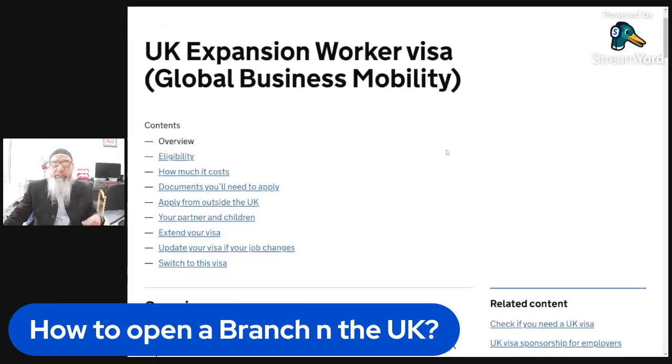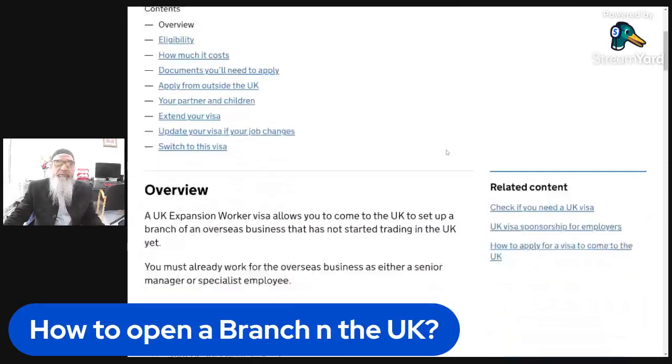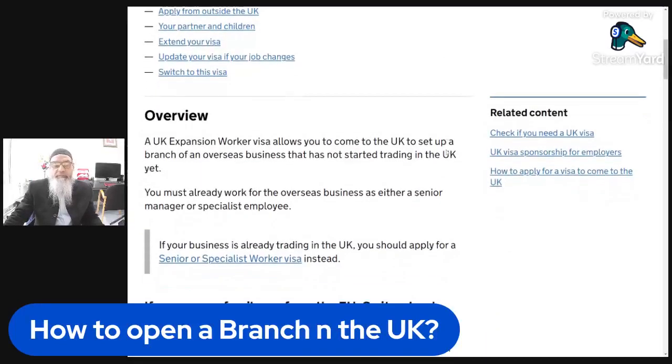But to start with, for UK expansion worker visa, this is the requirement. I repeat, I read from this sentence overview. A UK expansion worker visa allows you to come to the UK to set up a branch of an overseas business that has not started trading in the UK.